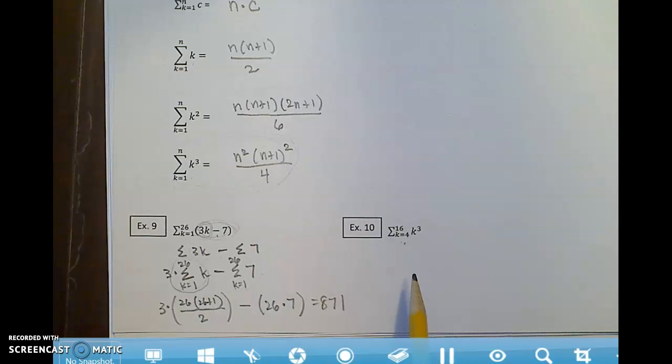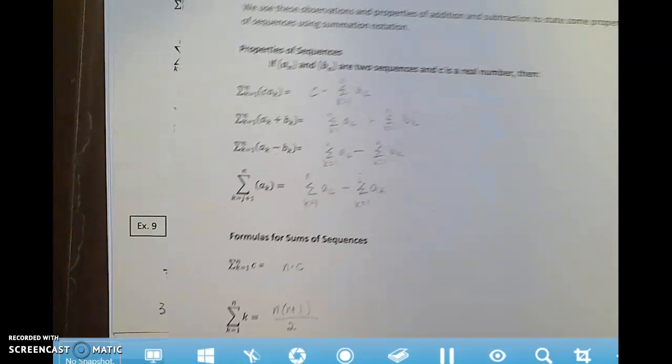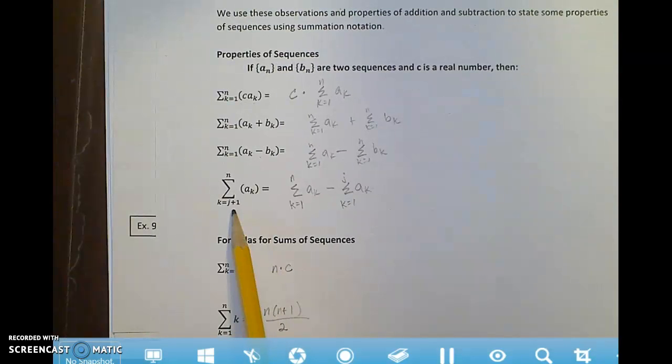So what we're going to need to do first is to use this property, where we are going from some starting value, something other than 1. Okay, so I want to be able to break up that initial term value into a j value plus 1.